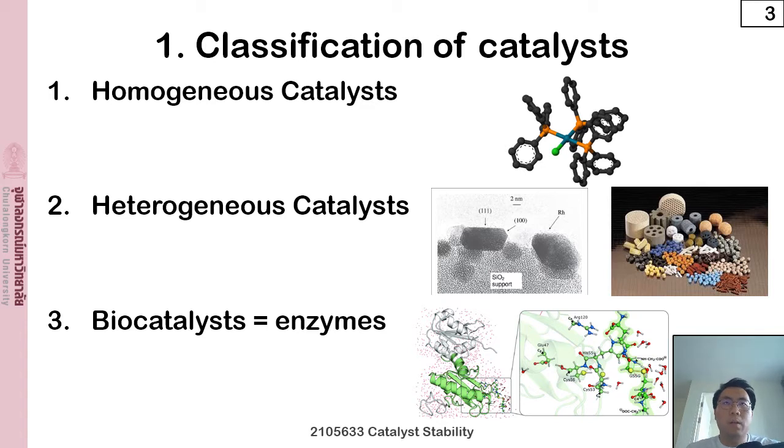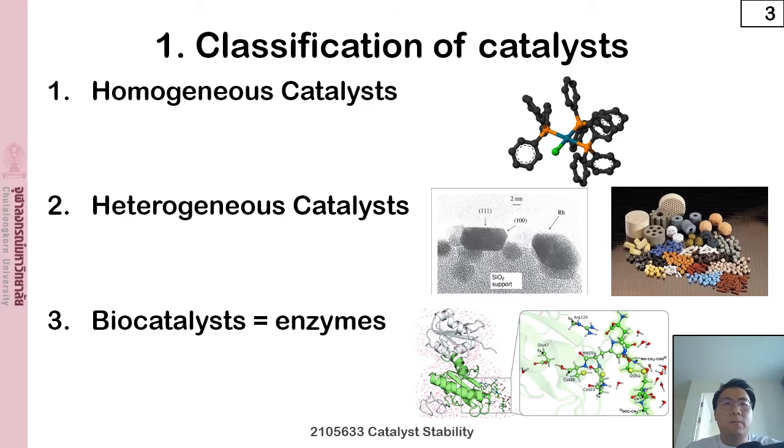For example, the sulfuric acid, H2SO4, like in the reaction of the esterification, in which the carboxylic acid reacts with an alcohol. So the acid catalyst, in this case the sulfuric acid, acts as the catalyst and catalyzes the reaction, and itself it is in the same phase as the reactant and the product also.